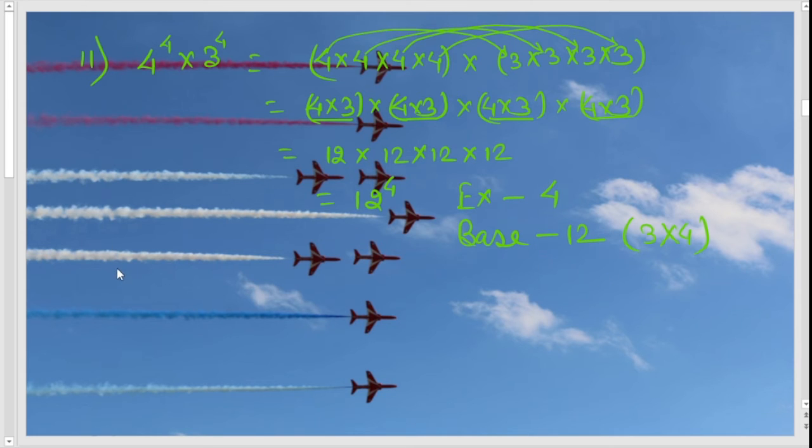So with this example, we came to know that when the bases are different but the exponents are same, the bases are multiplied.